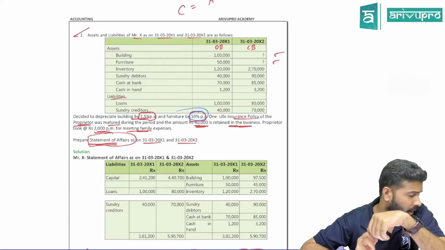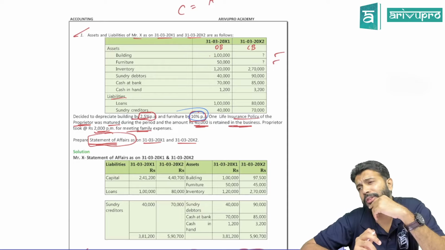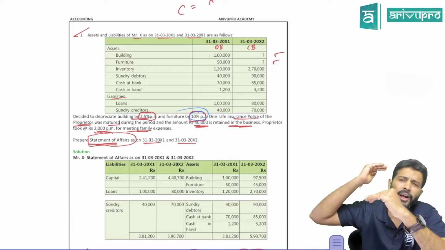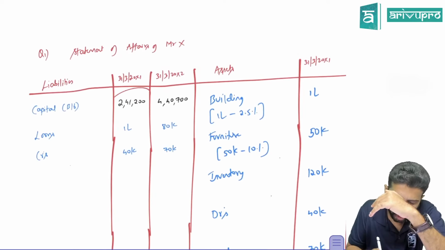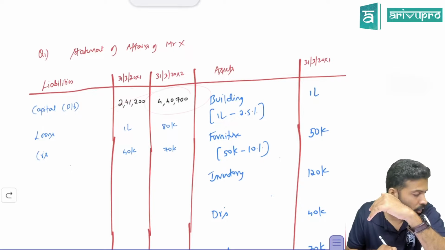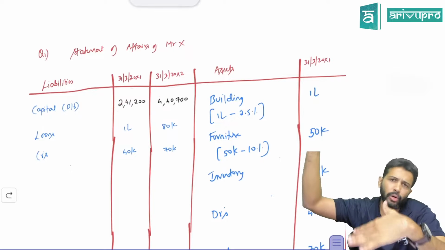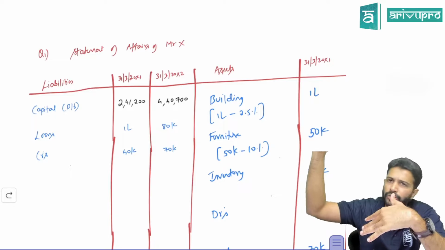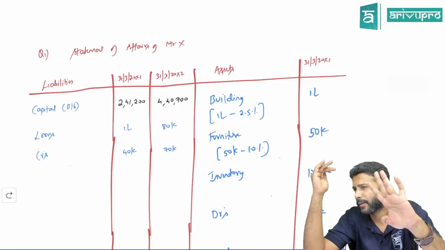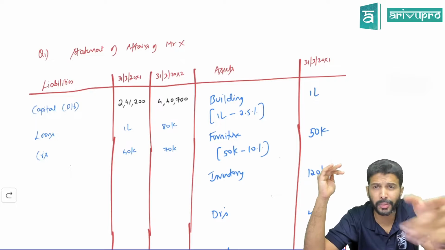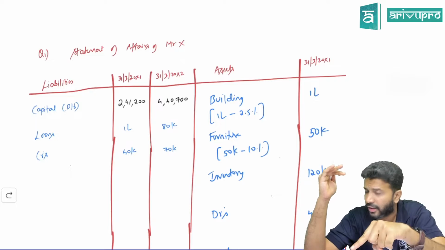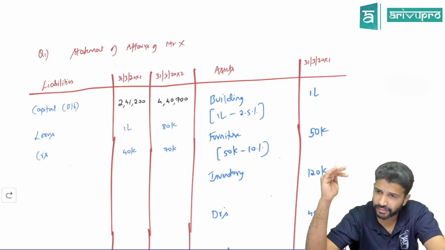Prepare the capital account. Okay, when you prepare the capital account, what will happen? Capital account's opening balance, is it given? Yes, this is your opening capital. Closing capital, do you know? Yes, opening and closing balance you know. Then additional capital is given. That life insurance policy matured becomes your additional capital. Drawings is given.